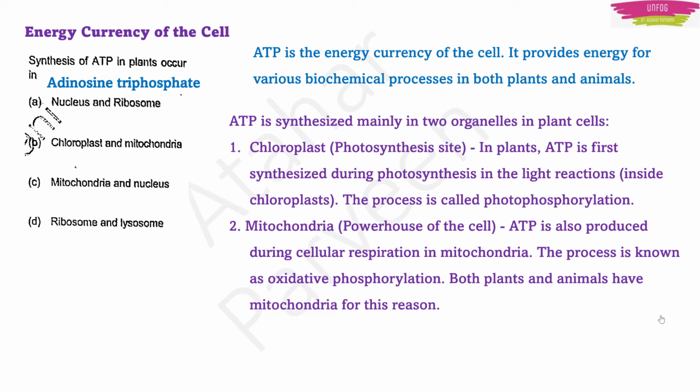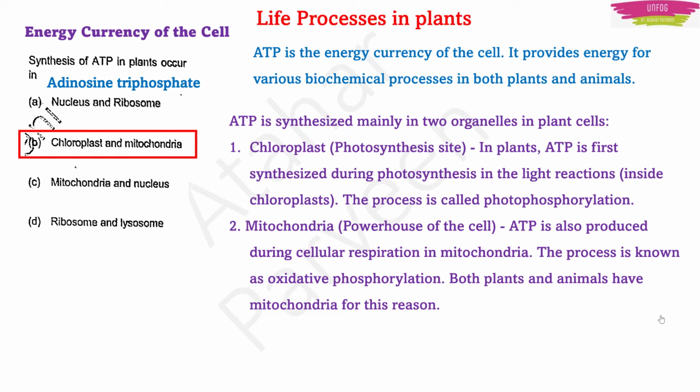Okay. So now coming back to our question, synthesis of ATP in plants occurs in chloroplast and mitochondria. The chapter to which this question belongs should be life processes in plants. Now what you have to do is go to this chapter and see what important keywords and important topics are there for preparation.